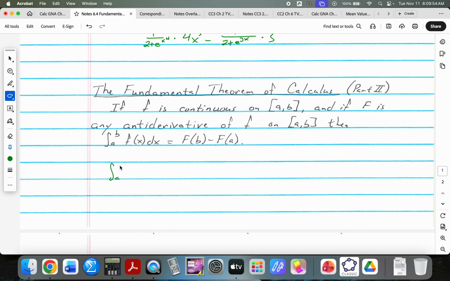The other way to think about it is if I have the integral from a to b of f prime of x dx, that's going to give me the change in f.